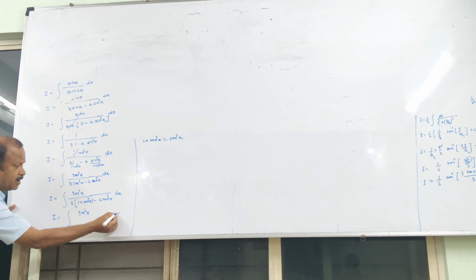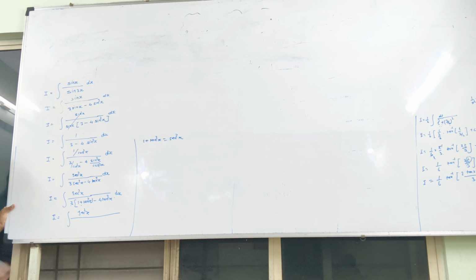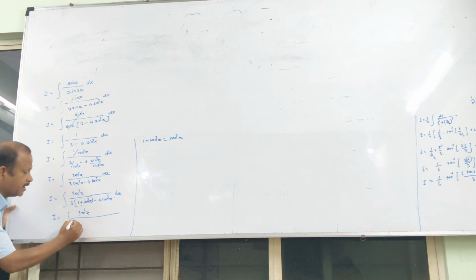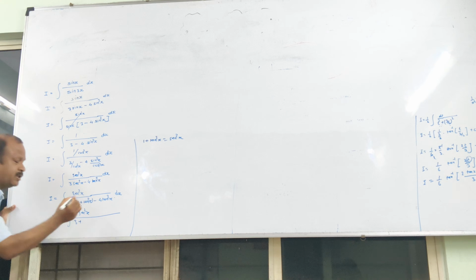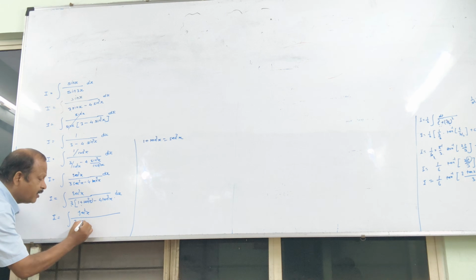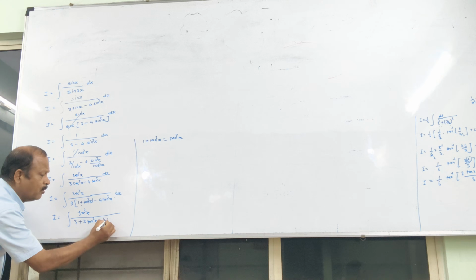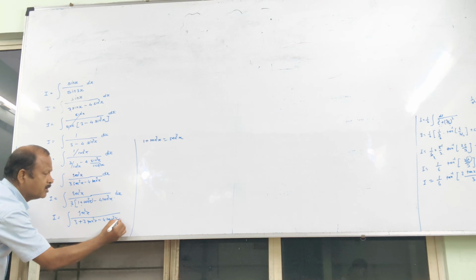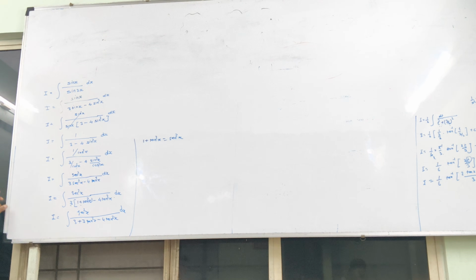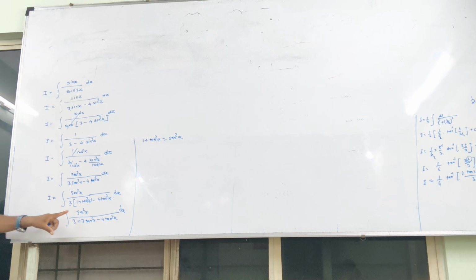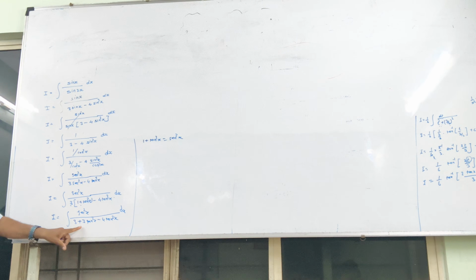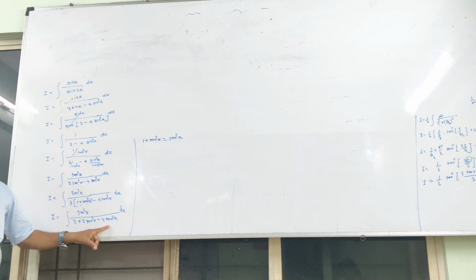After simplifying we get 3 into 1 plus 3 into tan square x minus 4 tan square x. So you can convert it in terms of tan: sec square x upon 3 plus 3 tan square x minus 4 tan square x.